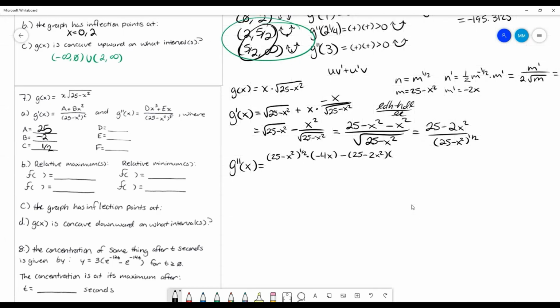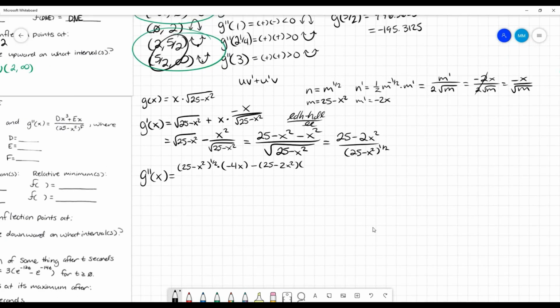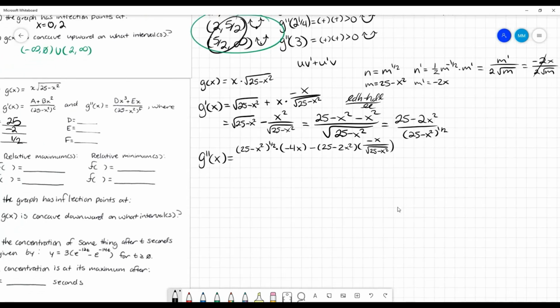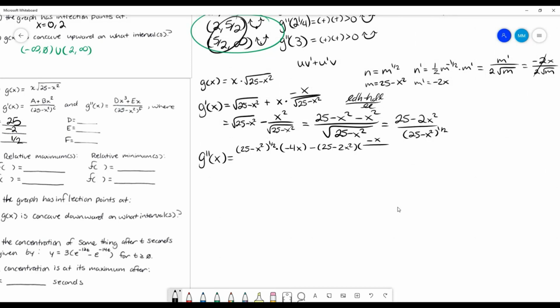And my low term is the same as this, isn't it? It's that square root there. And I know the derivative of that is that bit, so it's going to be negative x over that square root. Okay. And actually, instead of the square root, I'm going to keep it as that power, just for consistency's sake. All over low, low.